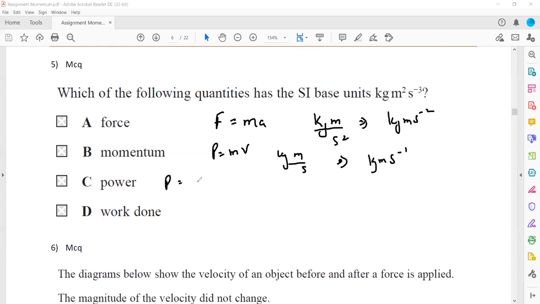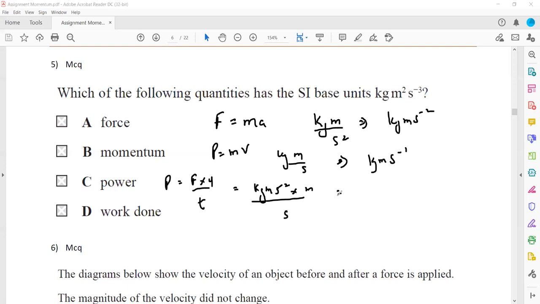Power is force into distance divided by time, and force is kilogram meter per second square, distance is meter, and time is second.